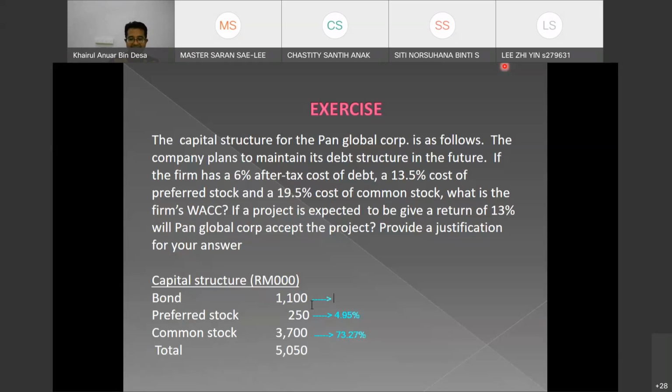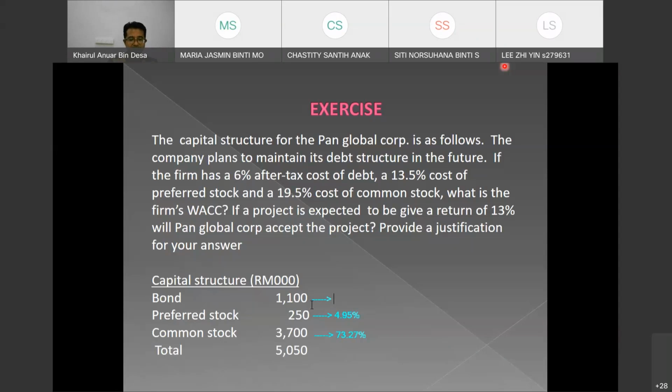Saya tak faham yang ni. 3168, betul ke? Okay, sekejap. Saya nak minta Maria. Yes, Maria, sir. Bagi tahu Suhana macam mana you dapat 21.78?